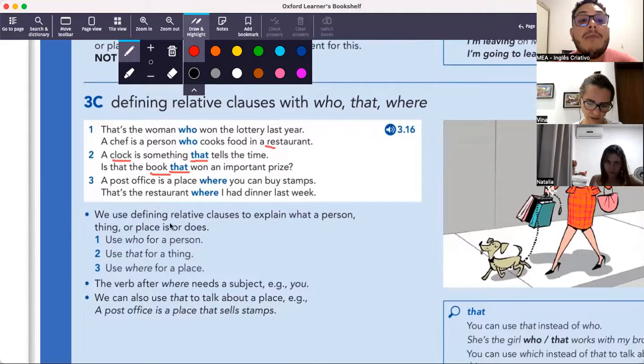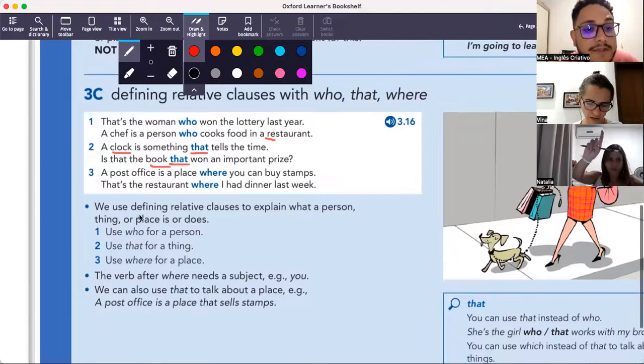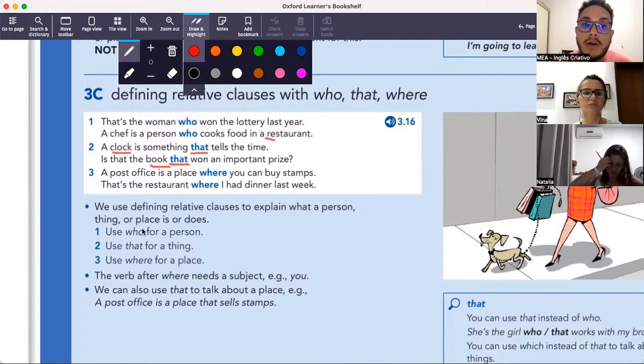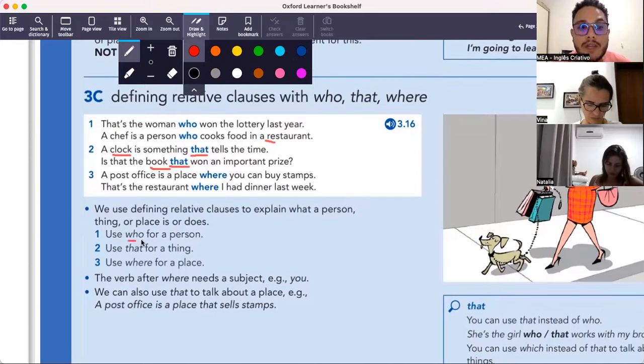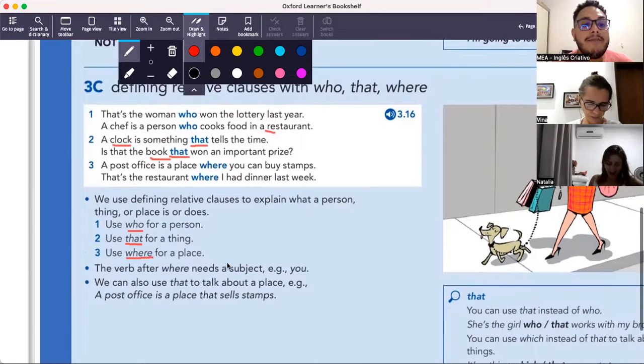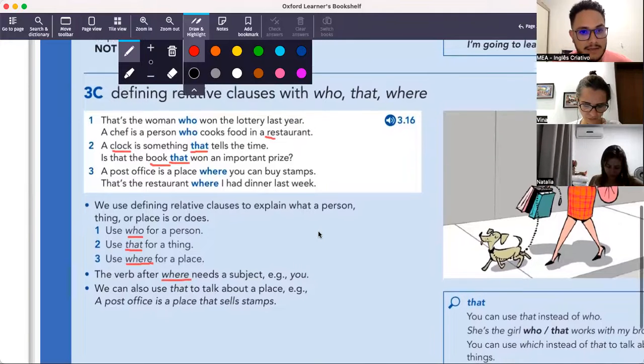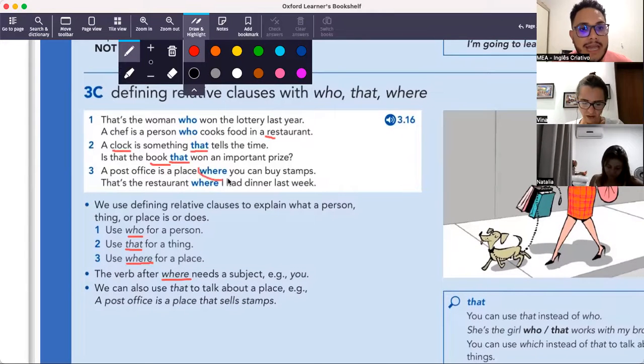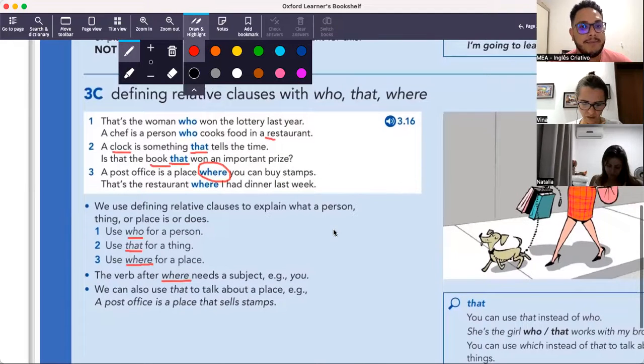Very good. We use, girls, defining relative clauses to explain what a person, thing, or place is or does, okay? We use who for a person, that for a thing, and where for a place. The verb after where needs a subject. Every time you use where, we will use a person after it. Where you can buy stamps.